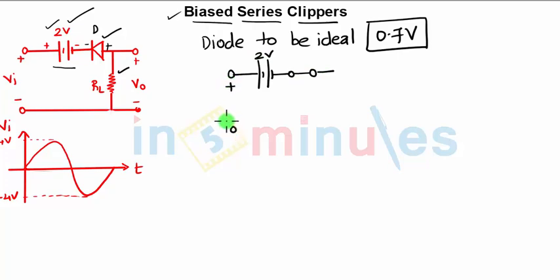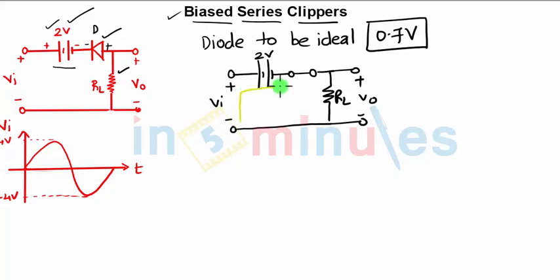You have plus minus VI, then the load resistance RL and the output voltage plus minus VO. So when you apply KVL from input to output, VI minus 2 minus VO equals 0, which means that VO is VI minus 2.